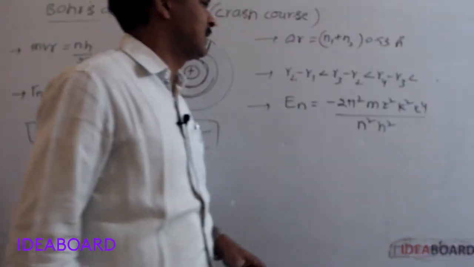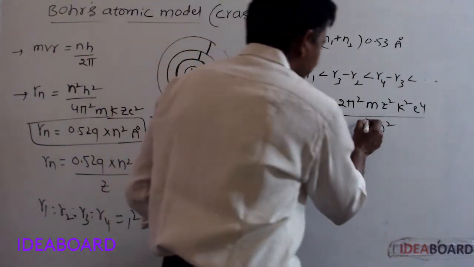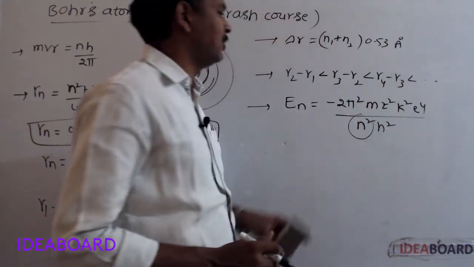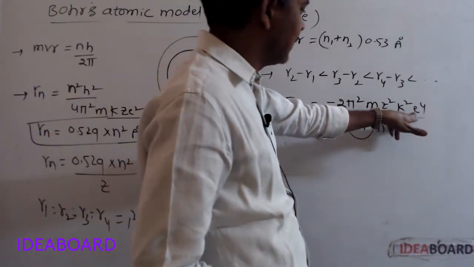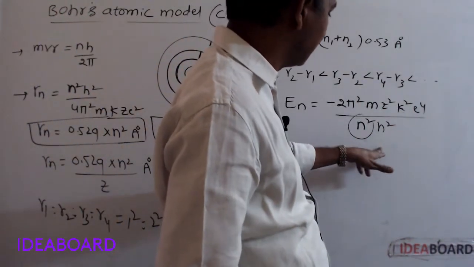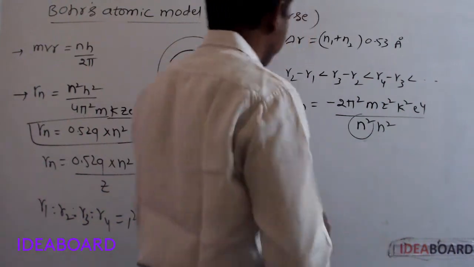Here also, except this n, remaining all are constants for hydrogen. m is mass of the electron, k is constant, e is charge of the electron, h is Planck's constant, z is 1 for hydrogen.